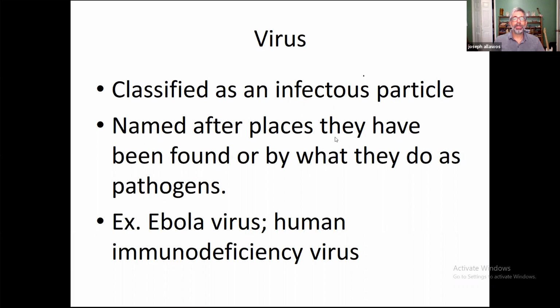Okay, so we classify it as an infectious particle. We don't use the Linnaean system to name them because they're not living. They're not put in a kingdom, for example. They're often named after places where they've been found or by what they do as pathogens, for example, Ebola virus or human immunodeficiency virus. Those are two good examples.